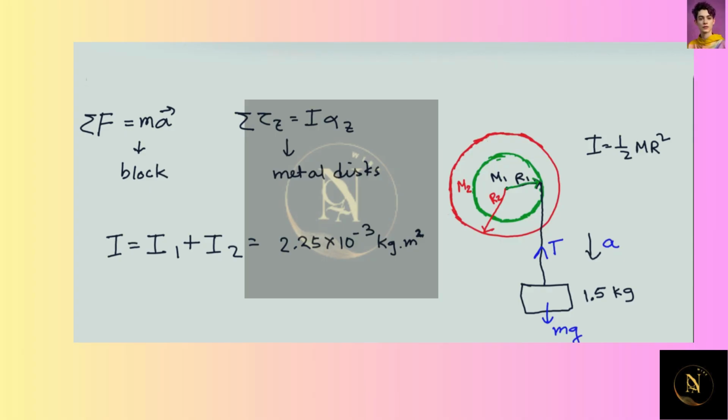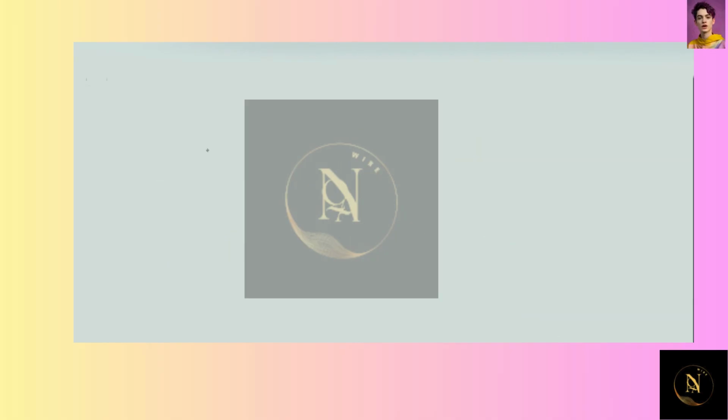So we can write mg minus T equals ma. The reason we subtracted T from mg is because the block is going downwards, which means mg is greater than T. So this is the linear equation that we got from F equals ma.